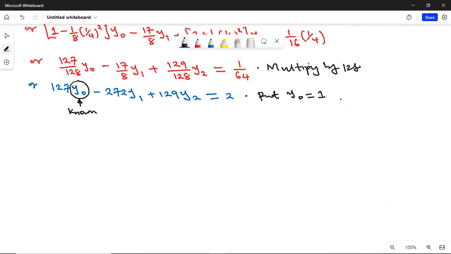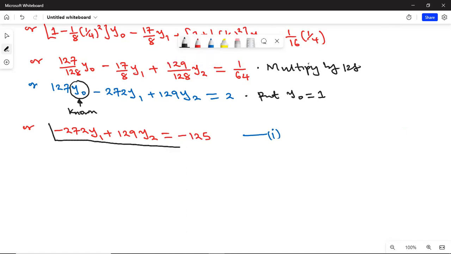So I'm going to take it to the right hand side so that what I remain with is negative 272 y1 plus 129 y2 equals 2 minus 127, which is negative 125. So this is the first equation. Let me bracket it. And the first equation, you call it equation Roman 1.